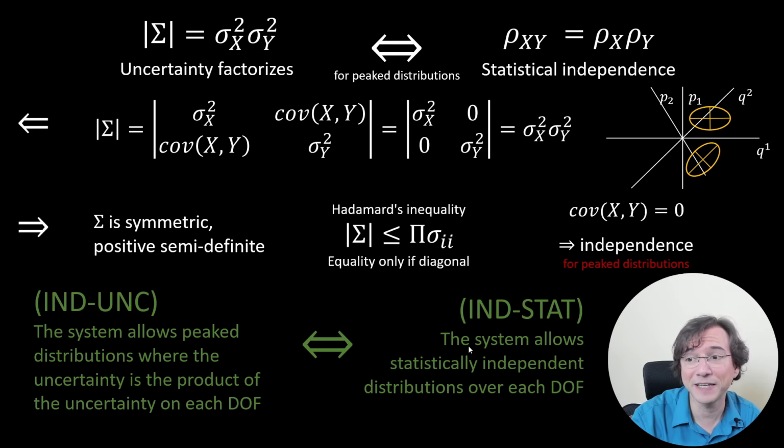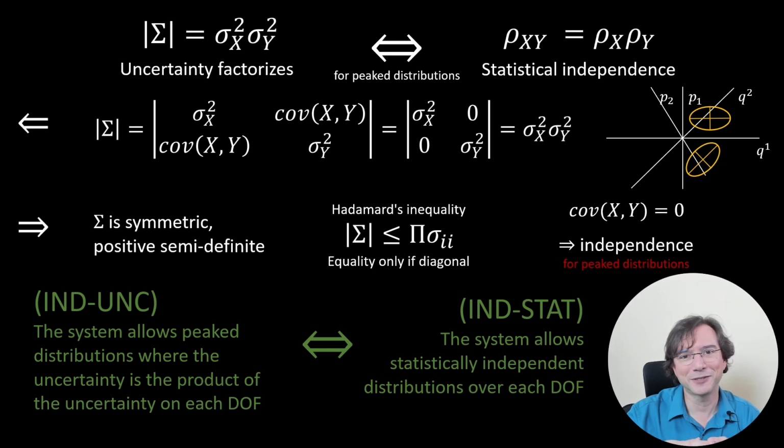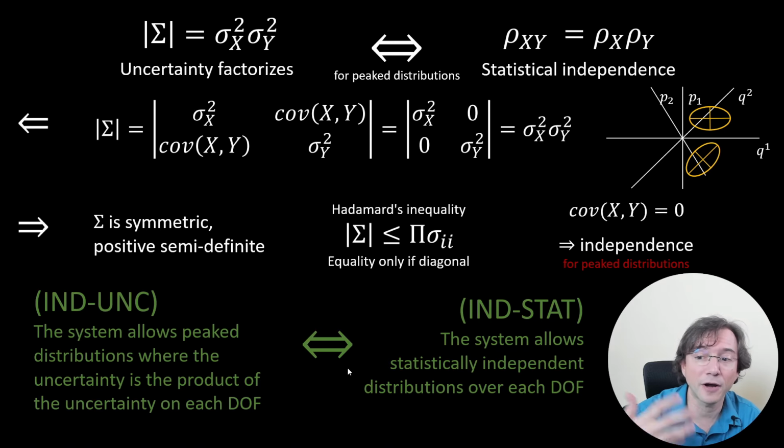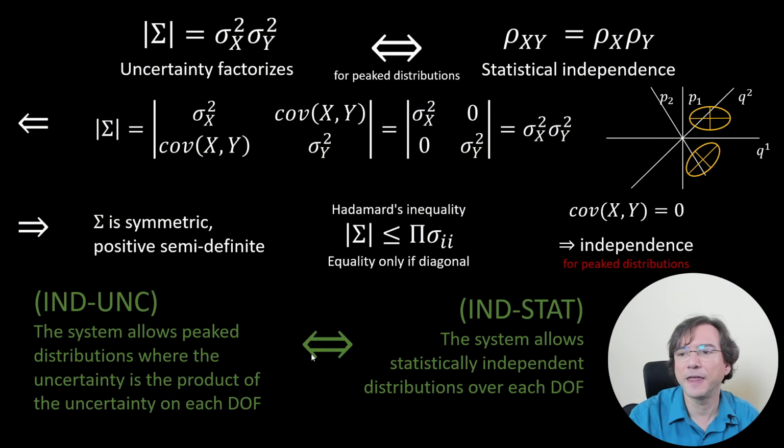Okay, so then we have yet another characterization of this idea of independence of degree of freedom. So the fact that we can separate the system in independent degree of freedom is equivalent to saying that we can do it at a statistical level for some distribution, and we can also do it for some peak distribution, so that there exists at least this distribution that factorizes in this way.